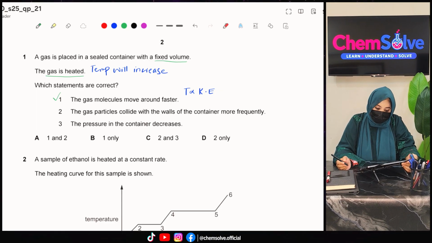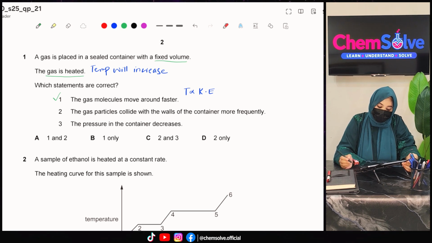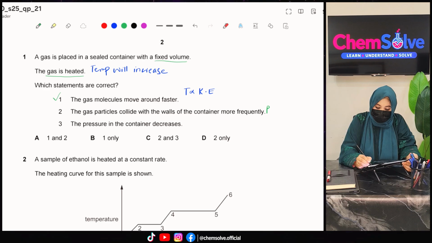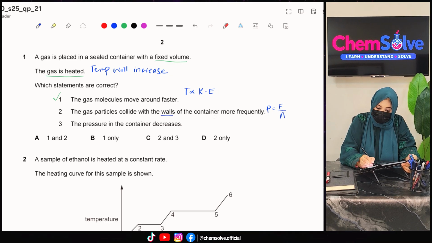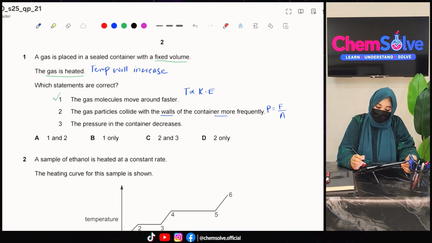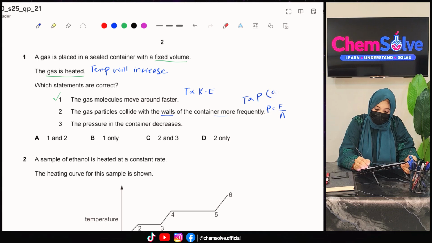The next statement says the gas particles collide with the walls of the container more frequently. So this is basically pressure, because we know that pressure is equal to force over area. They exert a force on the walls of the container. Also, temperature is directly proportional to the pressure at constant volume.